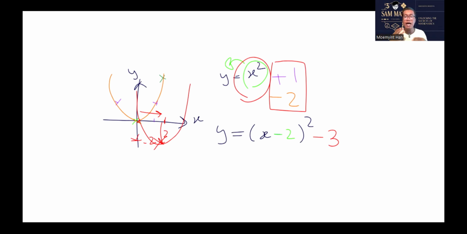So to get a better idea of what's going on here, we have another form that we can write the equations in. This form is what we call vertex form. By writing the equation in vertex form, we're going to get a better idea of how the graph will turn out. But most equations will not come in vertex form.